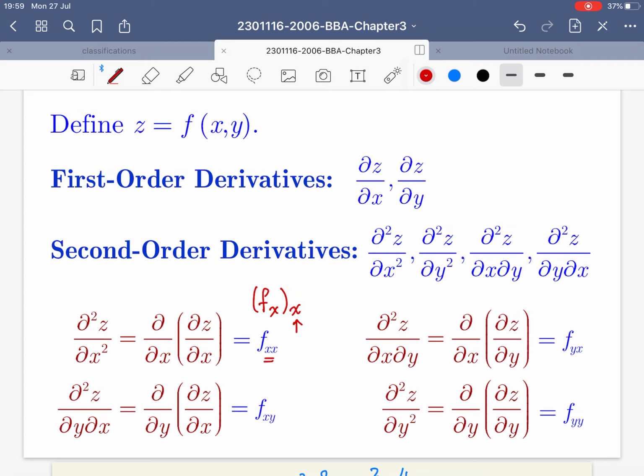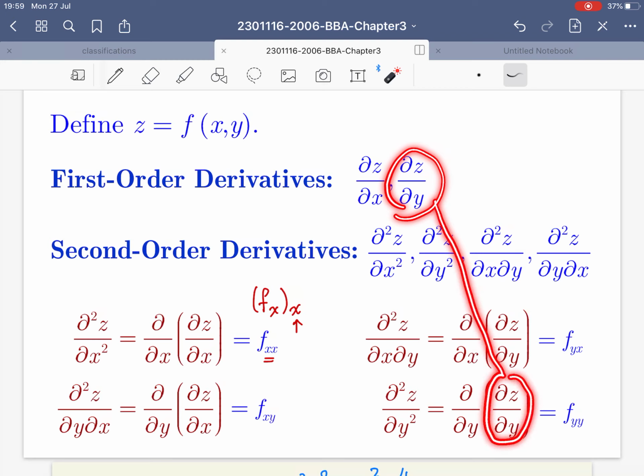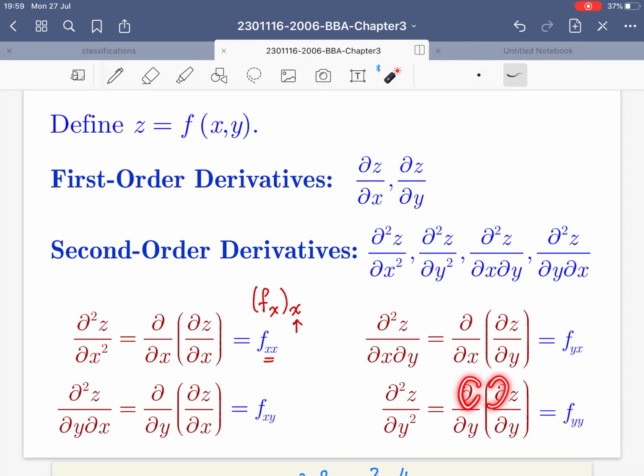This one as well is not that confusing, because first you are finding a derivative with respect to y, and then second you follow by another derivative with respect to y as well. So you see that you got two of the d, so you got d2z, and you have dy and dy together, so you have dy squared, or f sub yy, because you just write down another further derivative at the end of your function.